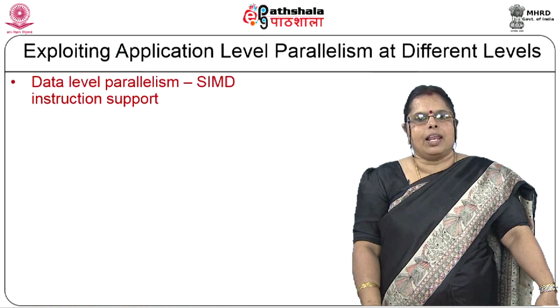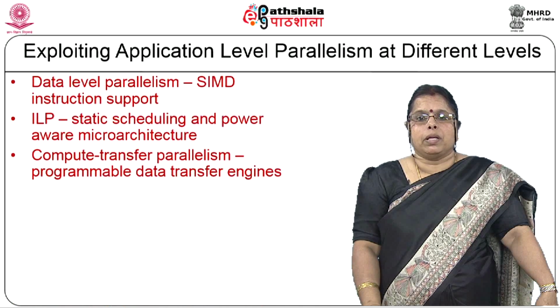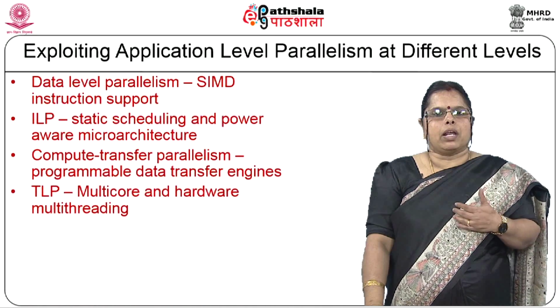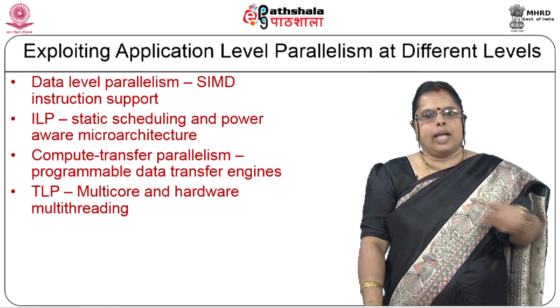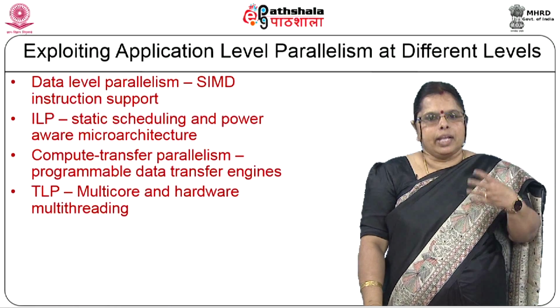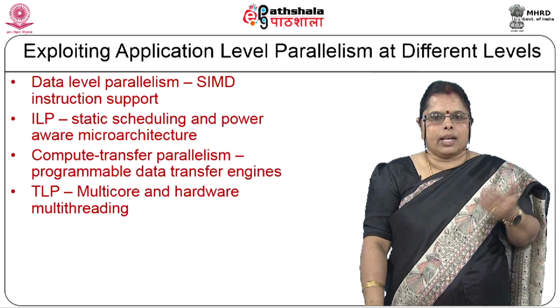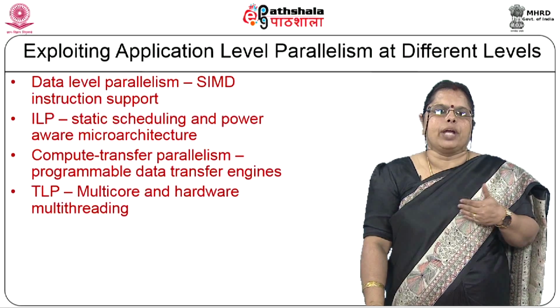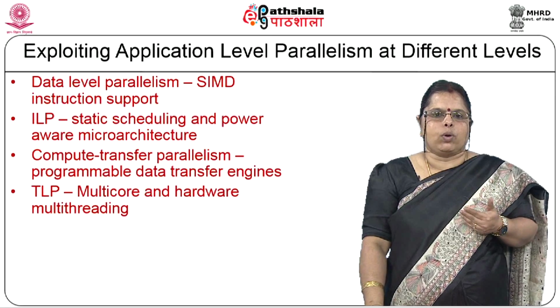As far as the Cell architecture is concerned, it tries to exploit application level parallelism at different levels. Data level parallelism is exploited because of the SIMD instruction support and the SPEs. Each of these SPEs supports in-order scheduling, and they can have 2 threads per execution, so ILP is also exploited, with static scheduling and a power aware microarchitecture.